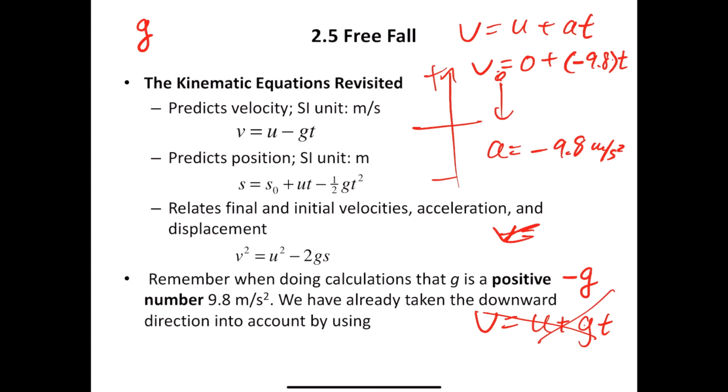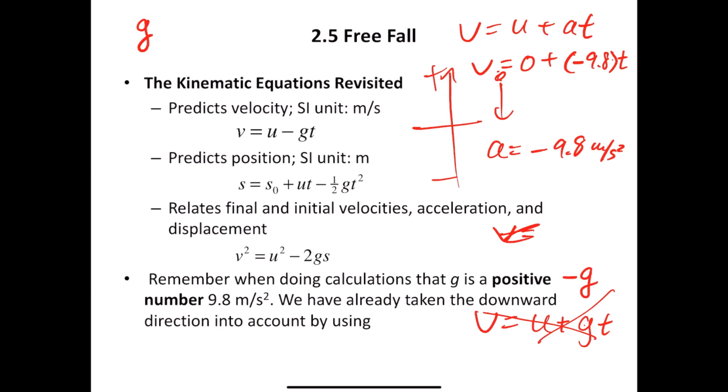But if you set your coordinate so this is positive and this is negative, the value of g is still 9.8, but the value of acceleration is negative g, negative 9.8. G is just a number.